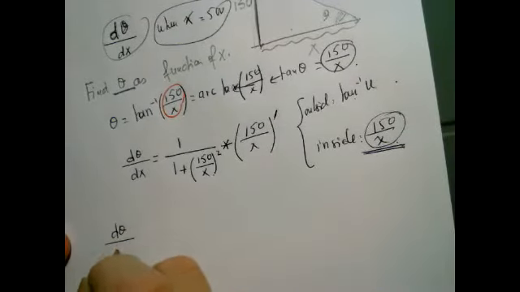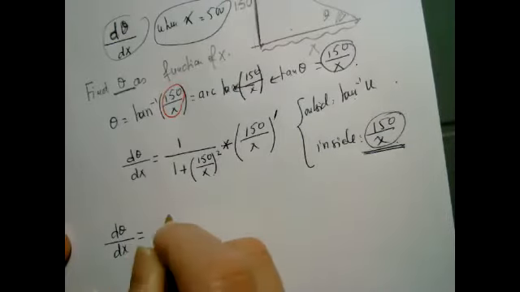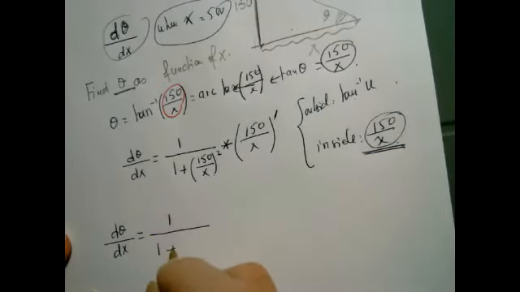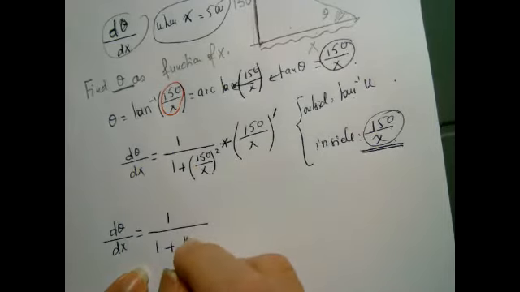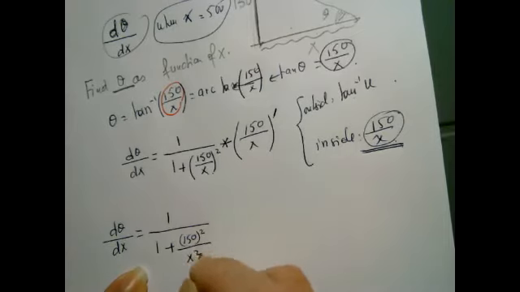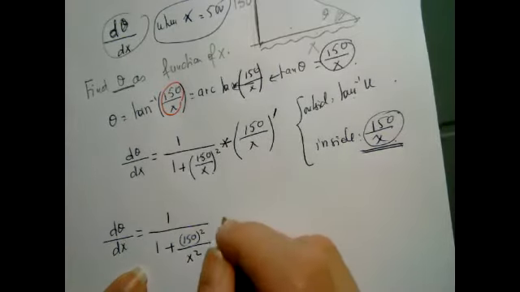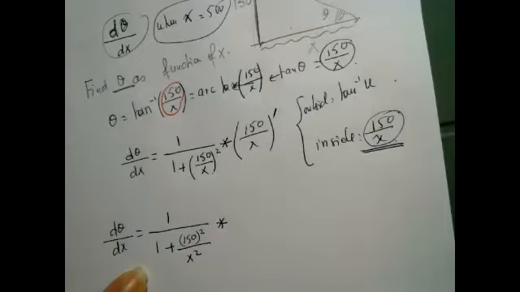dθ/dx. So this is equal to 1 over 1 plus 150 squared over x squared, times the derivative of this. So what's the derivative of that?